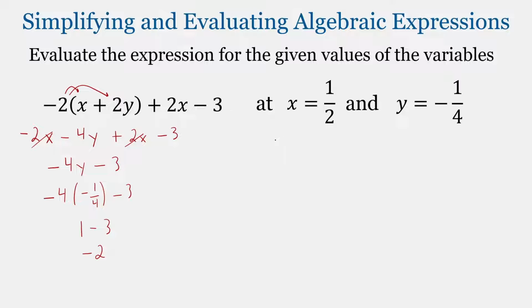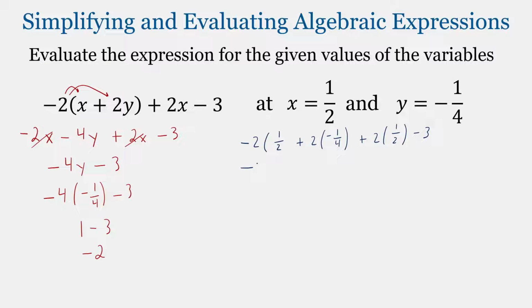Now we'll plug in the variables from the start. So we have -2, x is 1/2, plus 2 times y is -1/4, plus 2, and then x is 1/2, minus 3.